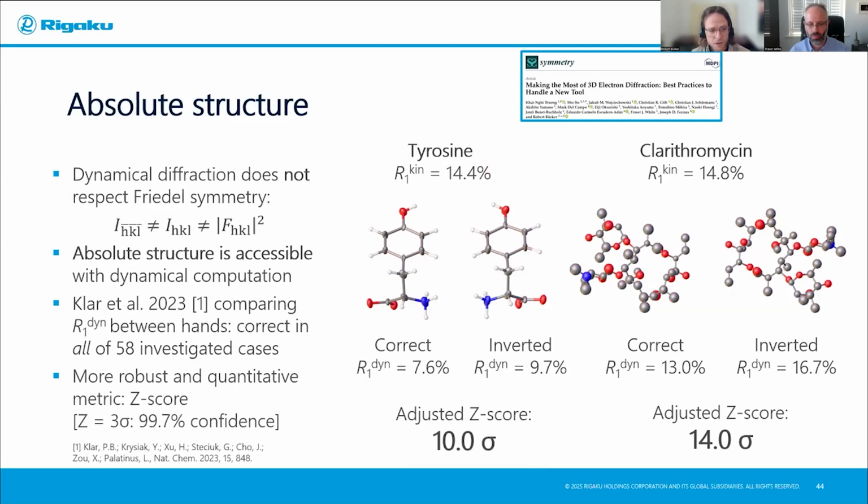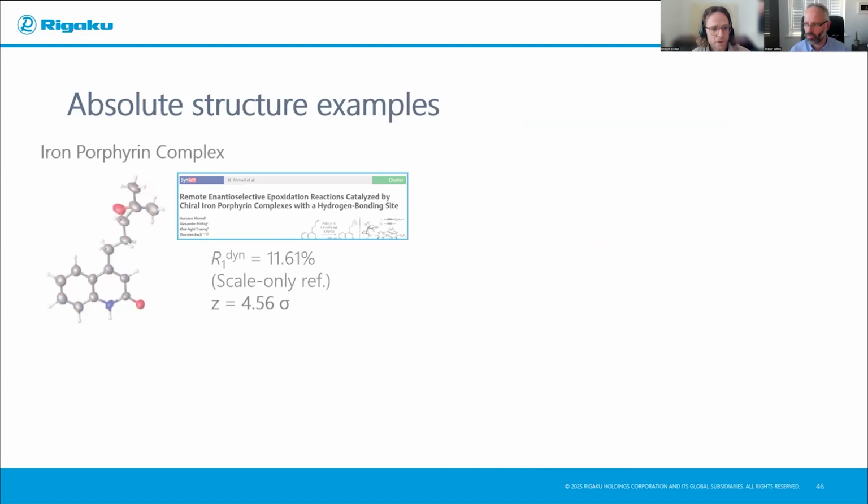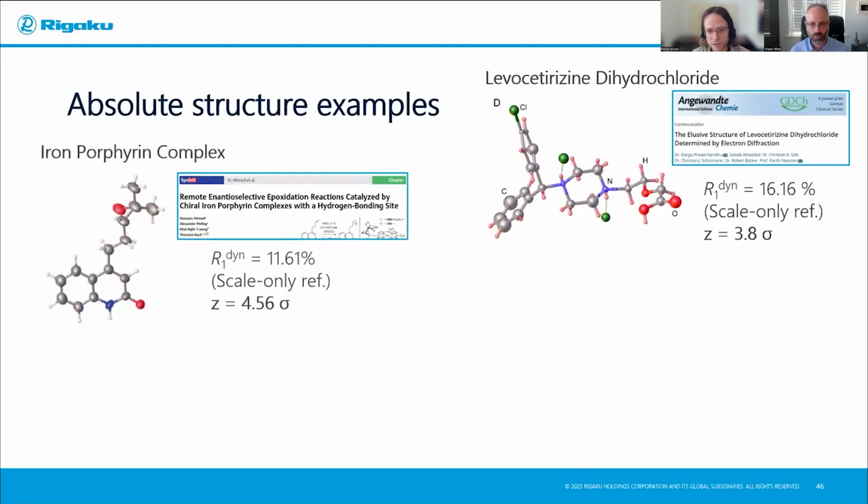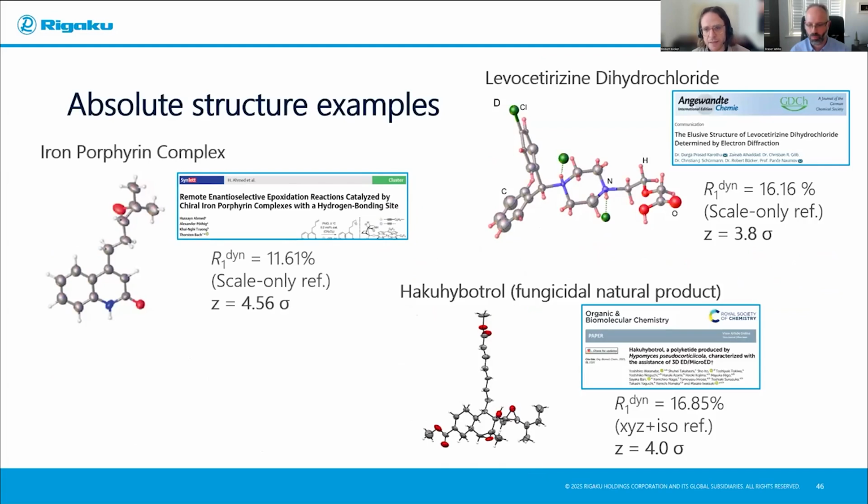Once you have a Z-score of larger than 3 sigma, you can be more than 99.7% confident that you got the right one. And more often than not, you will find that for typical molecules that you study in electron diffraction, it's quite easy to exceed that 3 sigma, even with data of, let's say, modest quality. You don't need particularly great data for that.